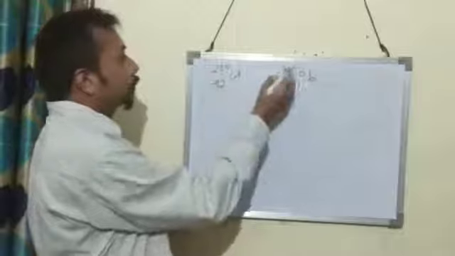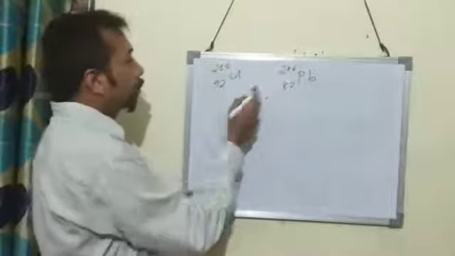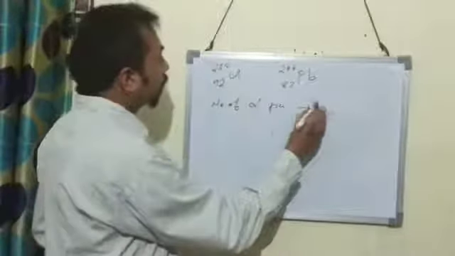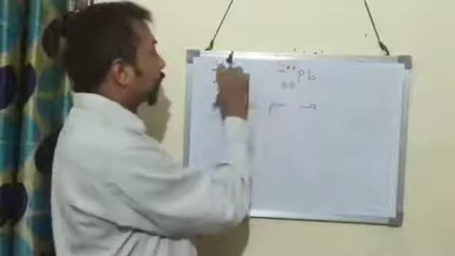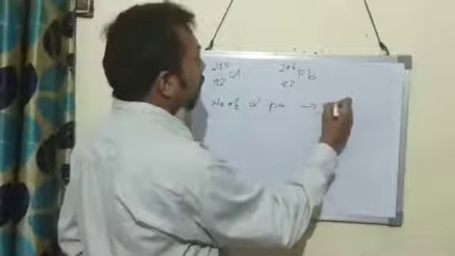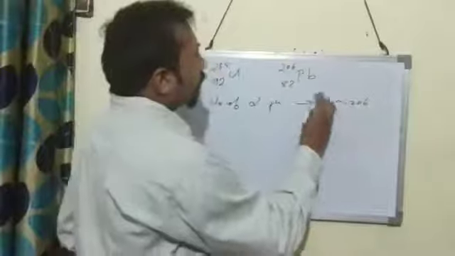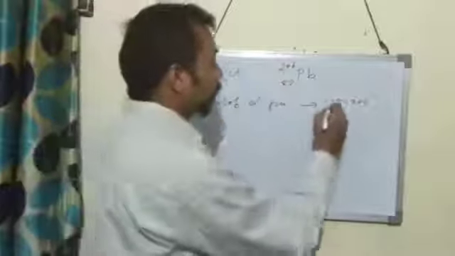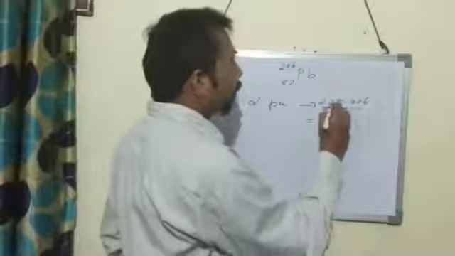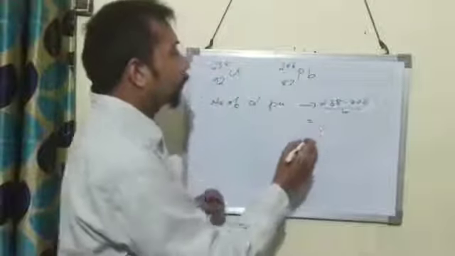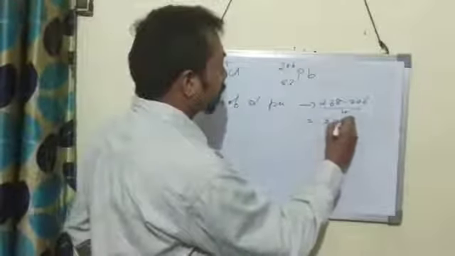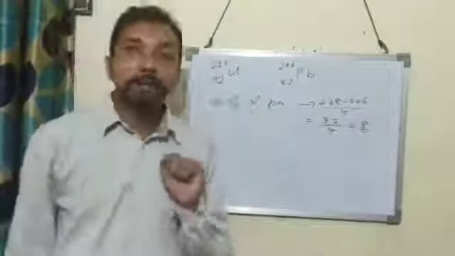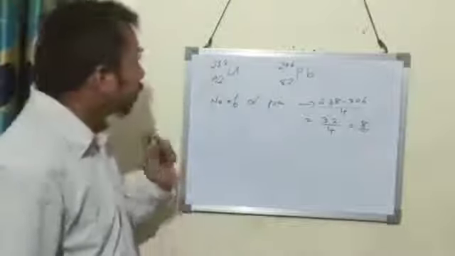Number of alpha particles emitted is equal to the difference of the mass numbers, 238 minus 206, divided by 4, because in alpha emission the mass number decreases by 4. 238 minus 206 is 32, and 32 upon 4 is equal to 8. So 8 alpha particles are emitted.